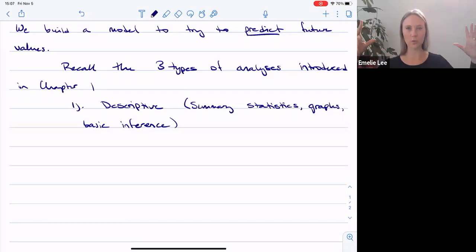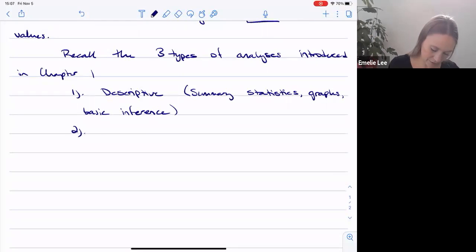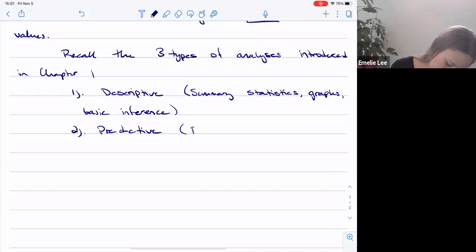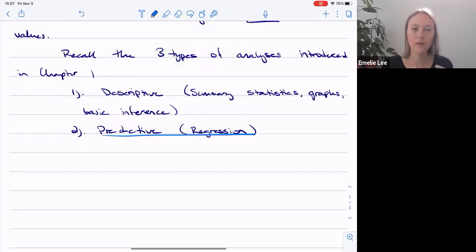Those are all under the descriptive umbrella. Now we're moving on to predictive, which is going to be regression. We'll stick to regression for now; we're going to see some more, but for now, this is all we're seeing. Here we're kicking it up a notch, and we're saying we're going to be able to predict future values.